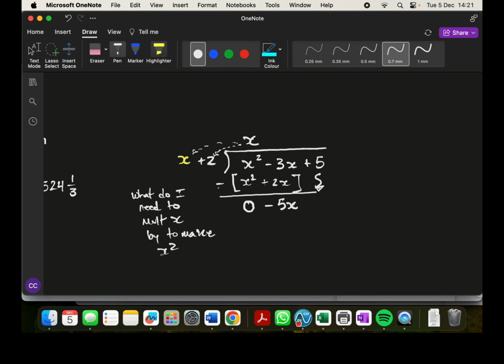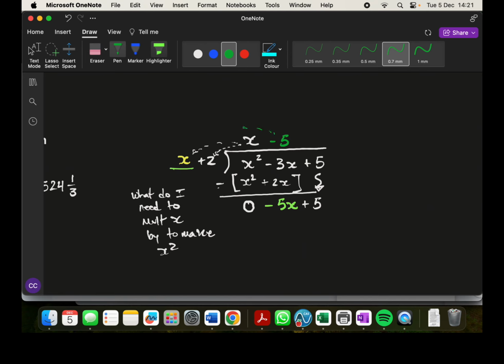And then I'm going to bring down my 5, and I'm going to ask myself the same exact question. This time I'm asking myself, what do I have to multiply this x by in order for it to equal negative 5x? Well, hopefully we see right away that I need to multiply it by negative 5.